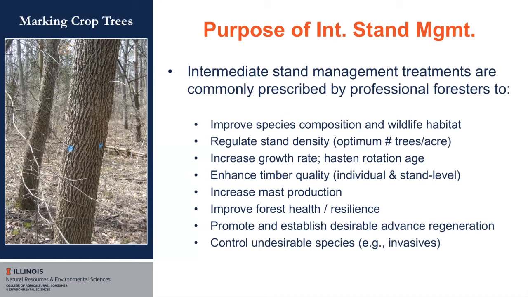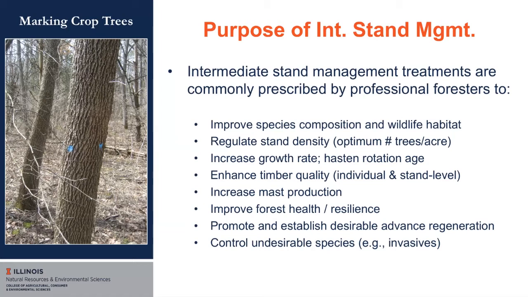Intermediate stand management also enhances timber quality. That's done at the individual level and at the stand level. It can increase mast production. So if you want more acorns, more hickory nuts per acre, or even more beech nuts per acre, we can help increase that via manipulation at the stand and tree level. Improving forest health and forest resilience, that's a real big one. That's another purpose for intermediate stand management.